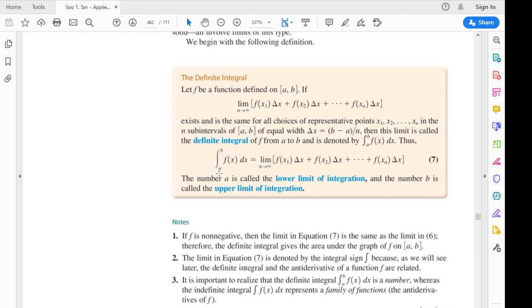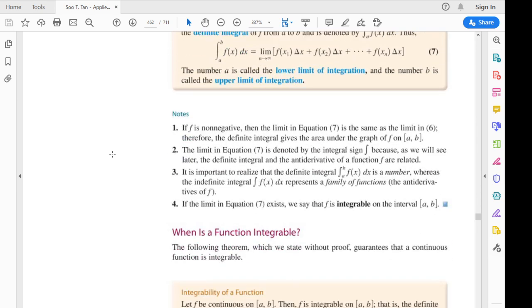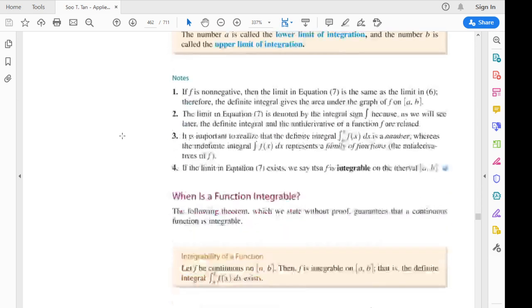Notice here and here, the lower end of the interval and the upper end of the interval. That definite integral is defined to be the sum of the areas of all the little rectangles inside the curve.